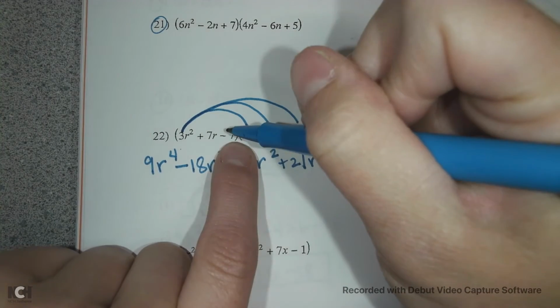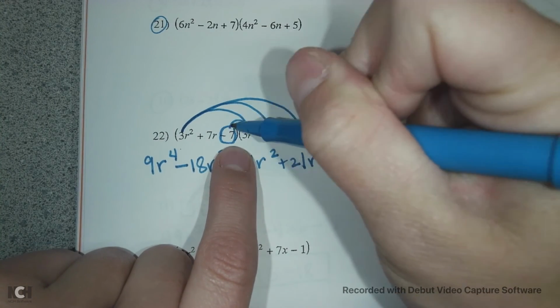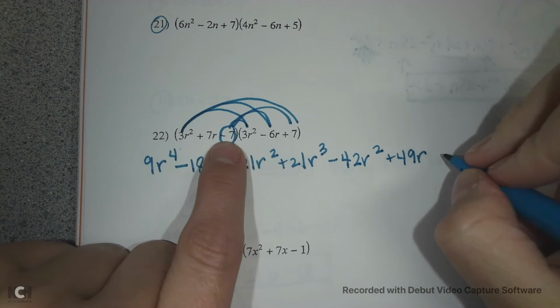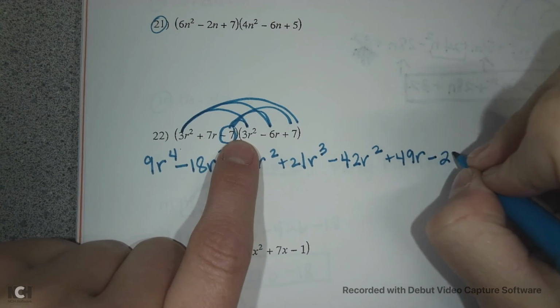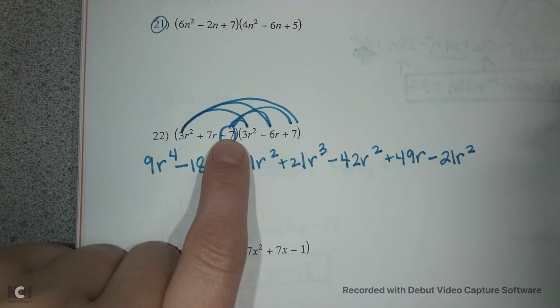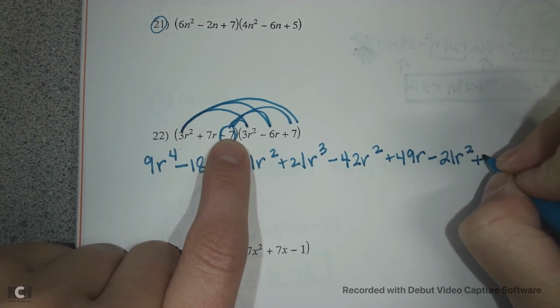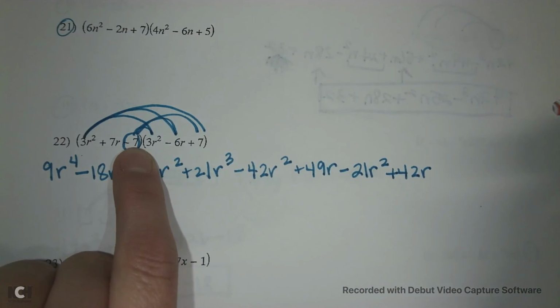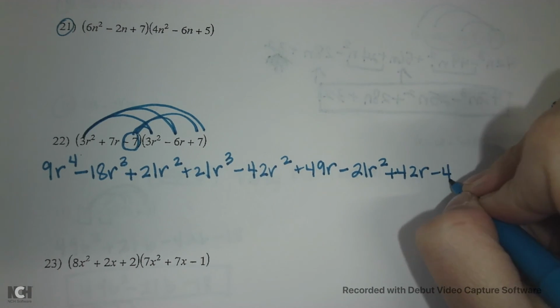And then we're going to multiply this negative 7 by each of these 3 terms as well. Okay, so negative 7 times 3 is negative 21 r squared, because I don't have an r with my negative 7. Negative 7 times negative 6 is positive 42, and there's an r there. And negative 7 and 7 make negative 49.